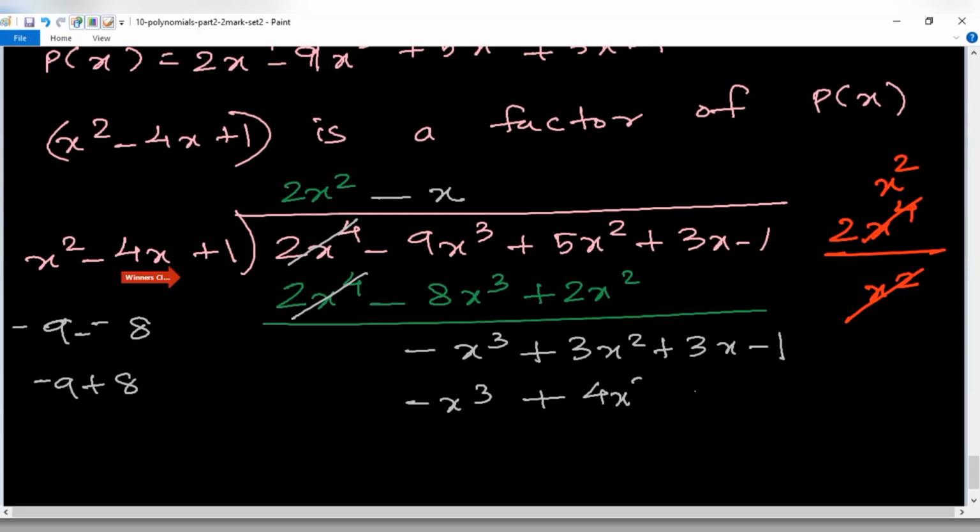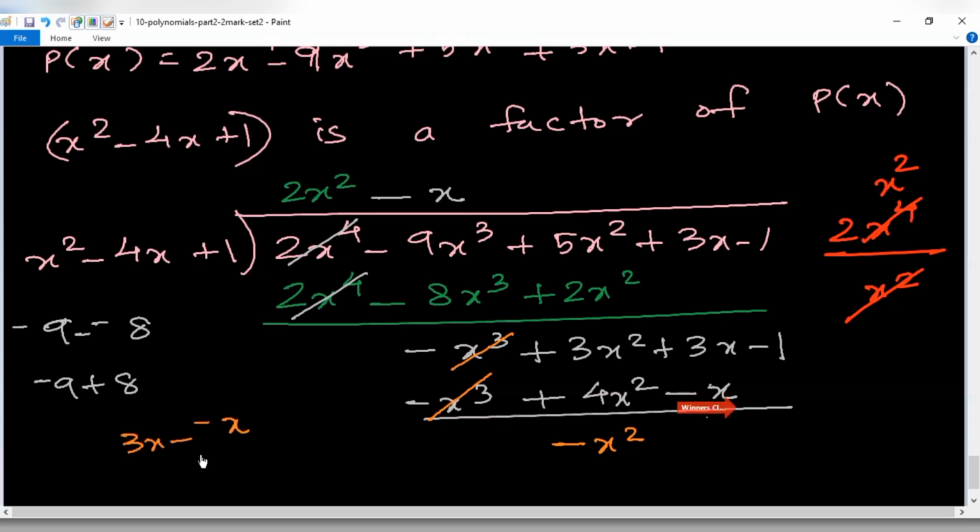Again we have to do subtraction. So minus x cube will get cancelled. 3x square minus 4x square is minus x square. 3x minus minus x, minus minus together is plus, so 3x plus x is 4x, minus 1. Now here we have a minus x square and here we have an x square, so the next term is minus 1.